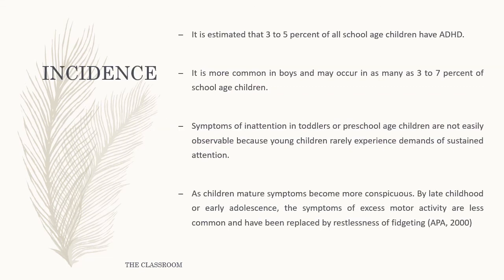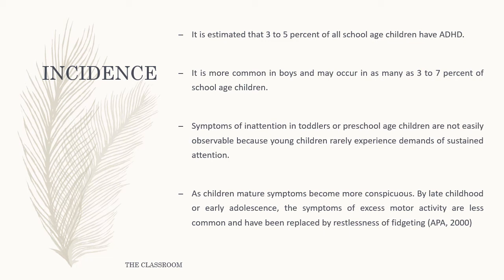Before we talk about the incidence, the criteria for DSM-4. According to the DSM-4 criteria for a diagnosis of ADHD to be made, we already talked about the 3 subtypes. Along with that, the hyperactive, impulsive, or inattentive symptoms that caused impairment should be present before the age of 7 years. Some impairment from the symptoms is present in 2 or more settings.